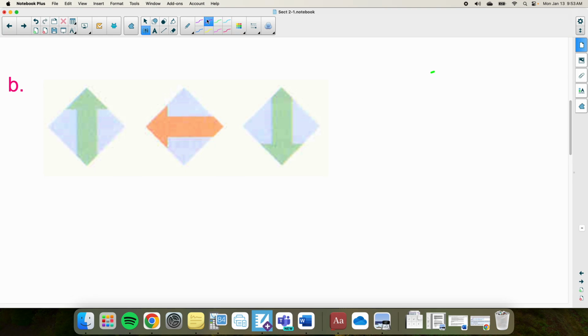So here we have a diamond, so let's draw that. And then if you notice, we have the arrow going up, to the left, down, to the right. And this one would be to the right.